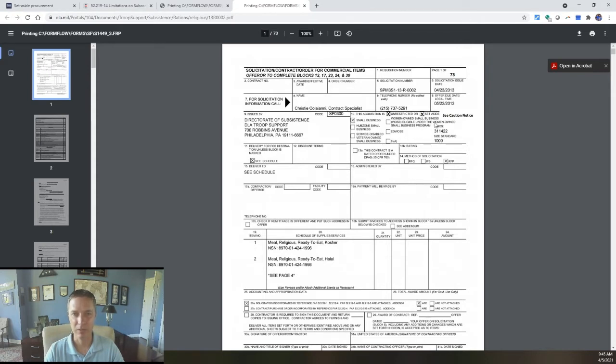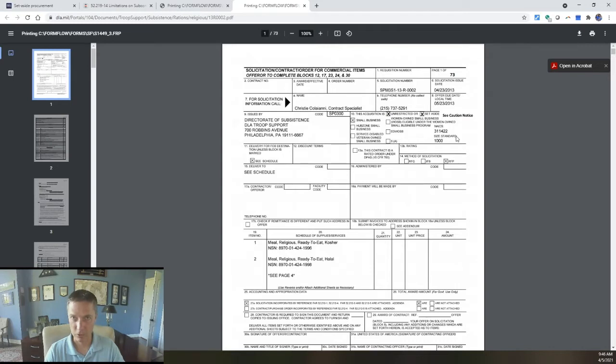So this is an example from 2013 of what a set aside contract looks like. This contract was awarded to a small business in the North American Industry Classification System (NAICS) code of 311422.